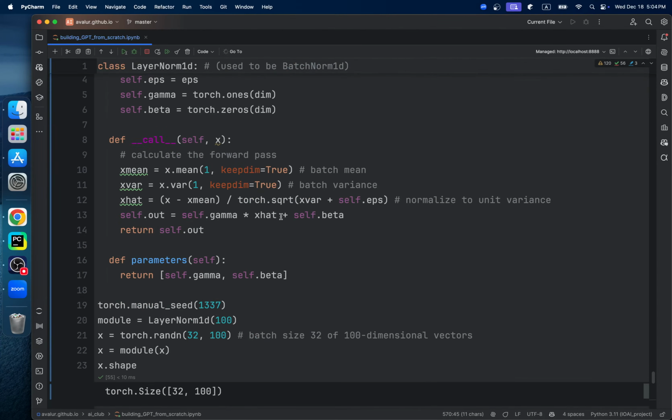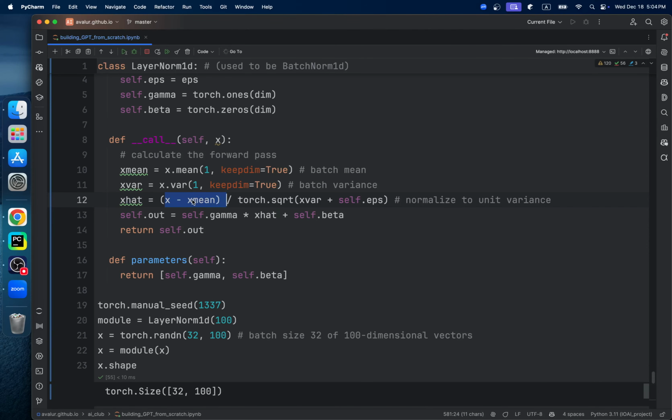You see here we want to change the mean and variance of the vector x, and the result is x hat, a vector with zero mean and one as variance.